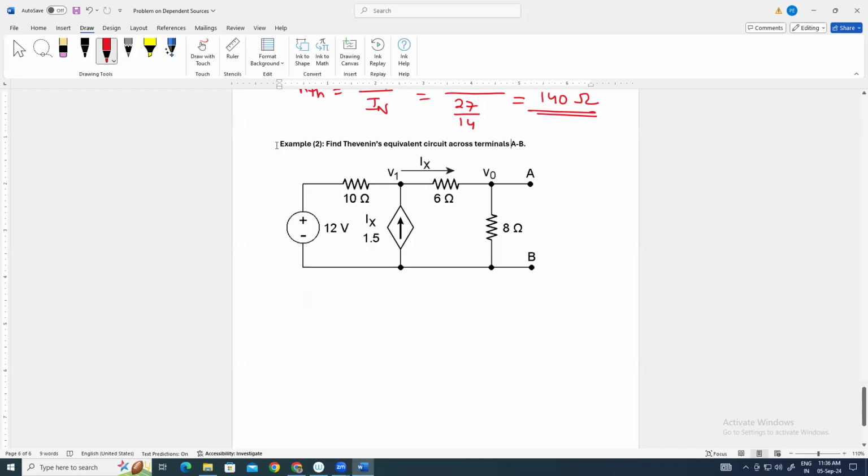ओके, सो आप लोग भी ट्राई करो इसको। This problem example number 2: find the Thevenin equivalent circuit across terminals AB. So it means हमको क्या क्या फाइंड आउट करना है? VTH और RTH। Ultimately we have to find out VTH and RTH because it is a resistive circuit only.